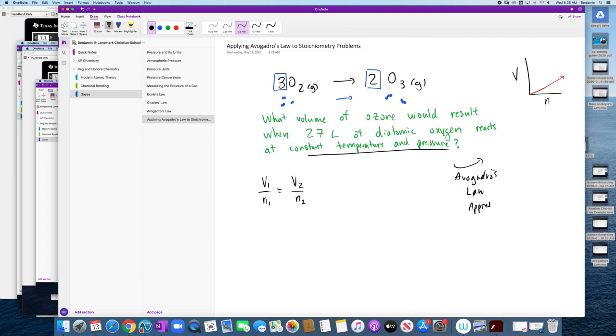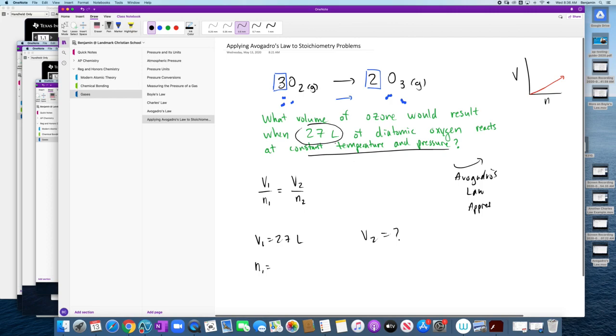What do we actually know numerically from this problem? We know that there's 27 liters, but we don't know the new volume that results. That's ultimately what we're trying to figure out. That's the big question. And we don't even really know the numbers of moles, if you think about it.